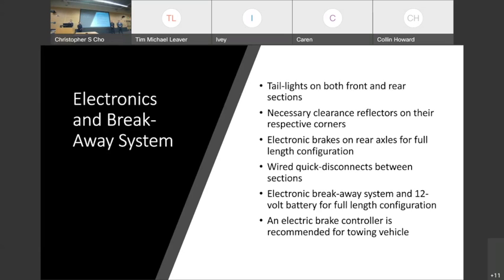And also, an electric brake controller for the towing vehicle is recommended because this is rated for high gross weights, to extend the life of your trailer or your vehicle brakes. A brake controller is recommended to help gradually apply the brakes.